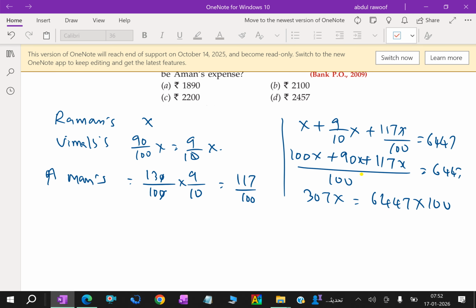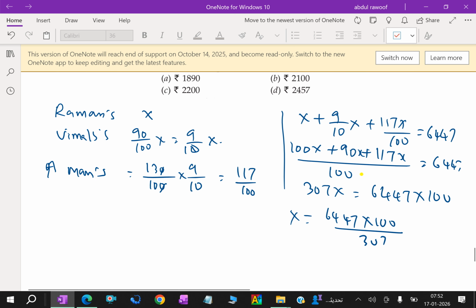Therefore, x equal to 6447 into 100 over 307. Here, by calculation, we get 2100.